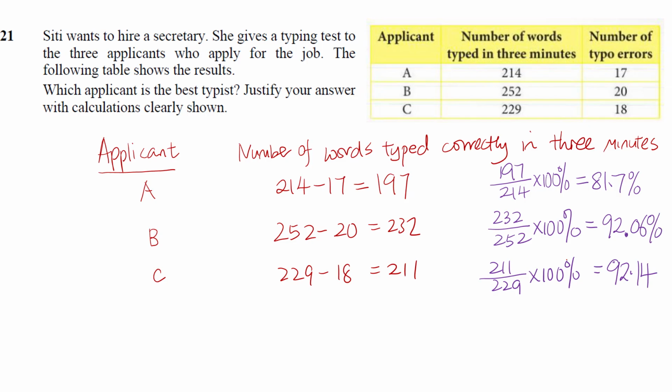All right. Why did I change the answer? Initially, I said put your answer to three significant figures. Then I realized that when I put the answer to three significant figures, this one is 92.1, and this one also gives us 92.1. So you can't really do any comparison when both of the answers are the same. Therefore, I changed it to 2 decimal places, 4 significant figures, so that we can do a better comparison.